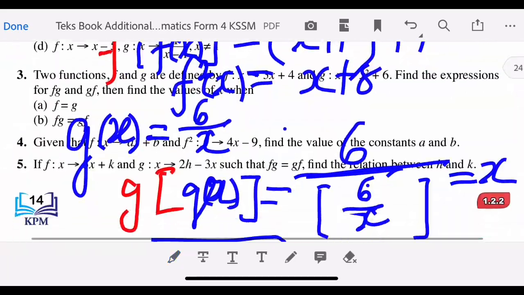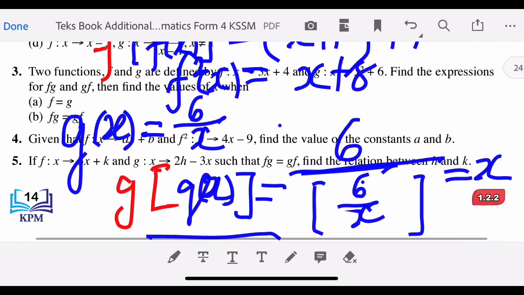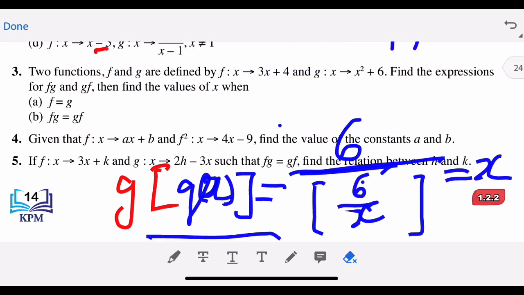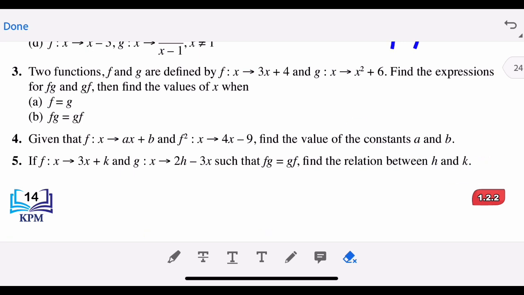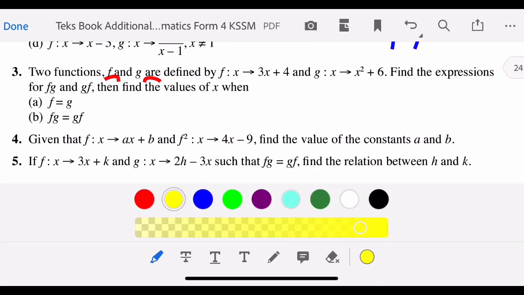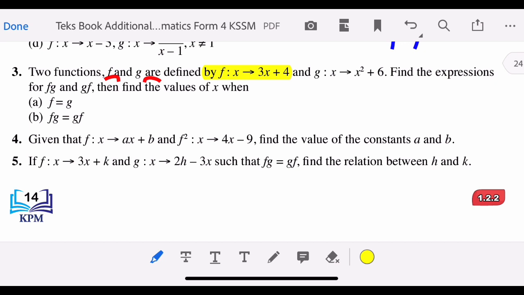Now I'm going to discuss question number 3. Okay, let's see. Question number 3 is a bit challenging. The functions f and g are defined as fx given, and also you're given another function which is gx.